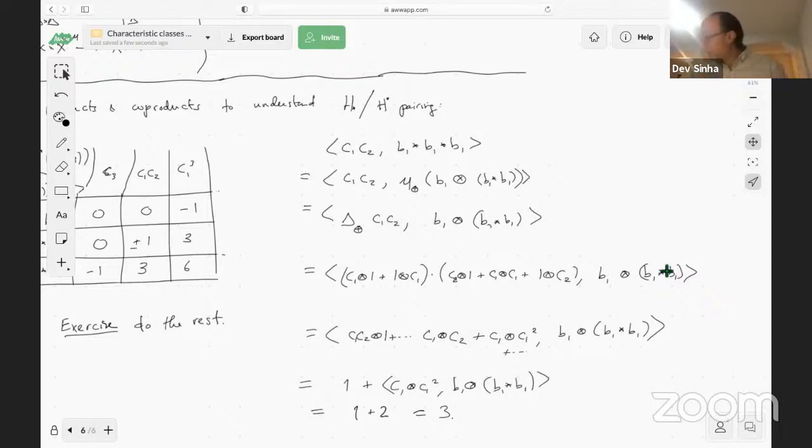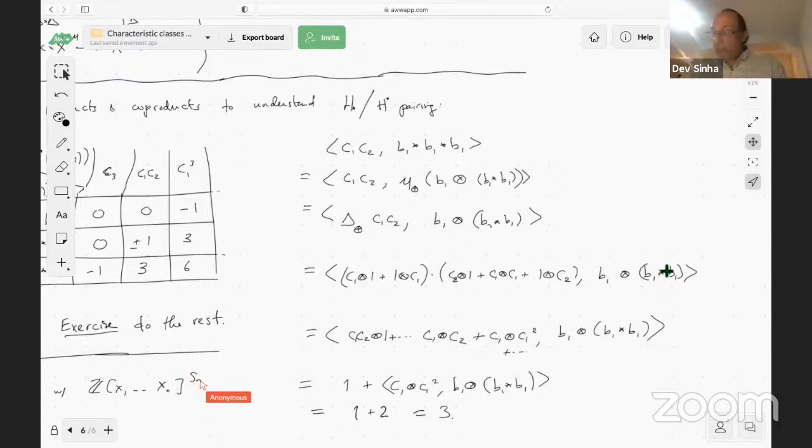So in fact, you can compare this in a couple different ways. We can keep on going, but let me just stop at a finite stage.